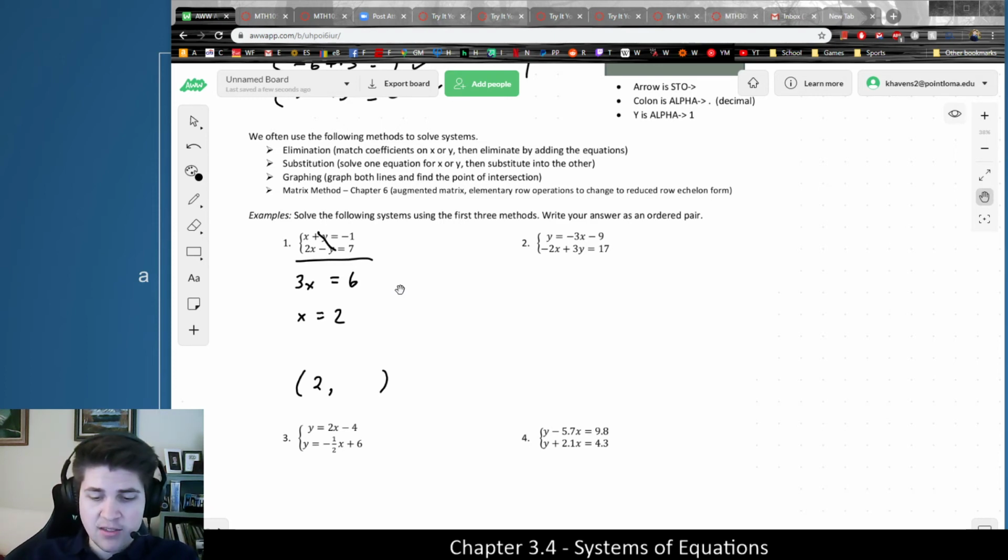Once I know that x is 2, I can revert back to the original system, because both of those original equations must be satisfied. I could plug x into either equation 1 or 2. I would always suggest plugging into the simpler equation, but you can do whichever one you think looks better.